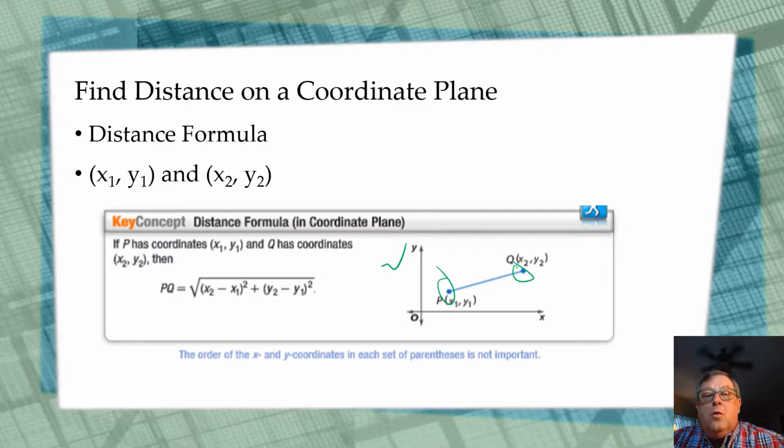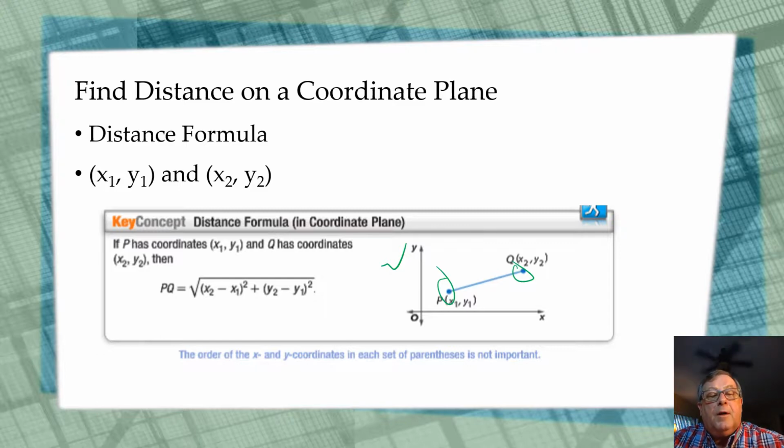If we know those X and Y values for endpoint P and endpoint Q, we can find the distance between those two endpoints.